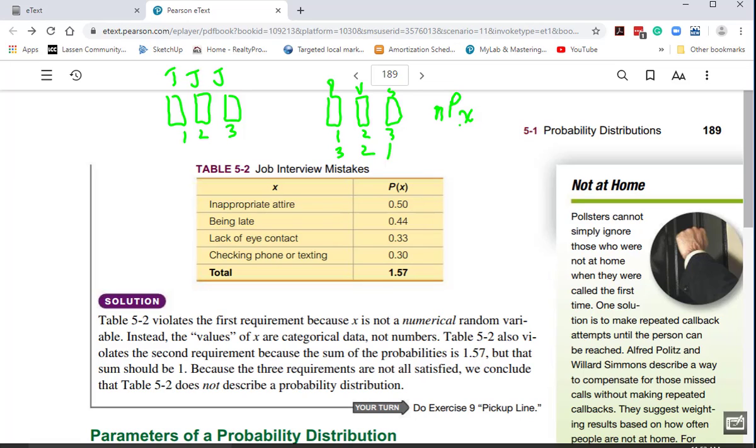If I pick you as president, you as vice president, you as secretary, that's one possibility, but I could have picked him as president. So this is a different count. It matters because we have distinction.